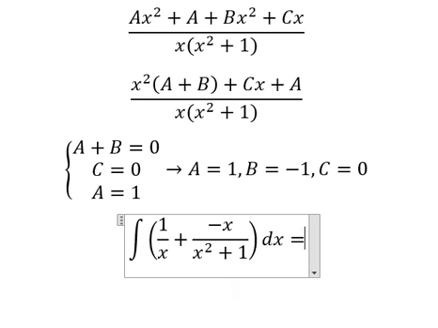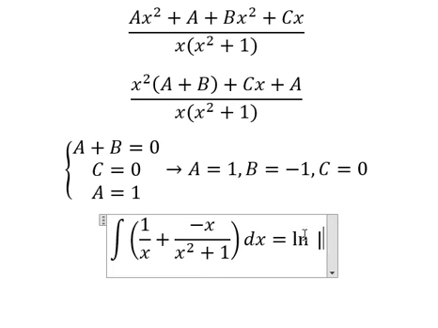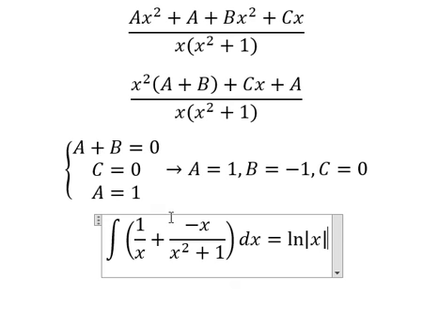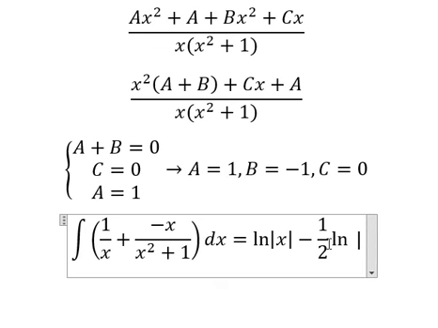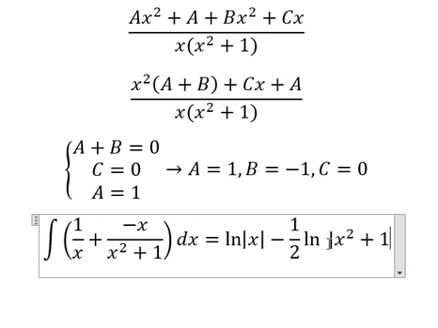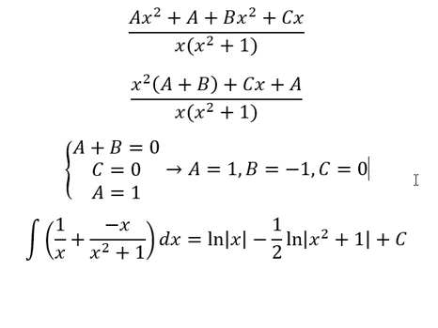And now we have the final answer. The integration of 1 over s, we have ln of the absolute value of s. The integration of this one with the negative sign here, we have negative 1 over 2, ln of the absolute value of s squared plus 1, and we put c.